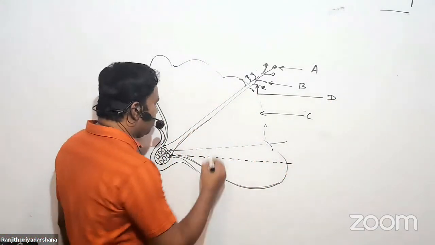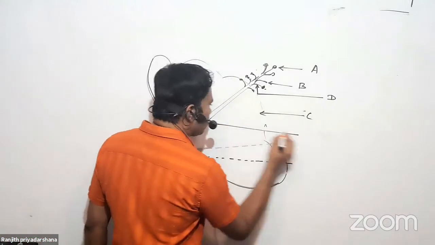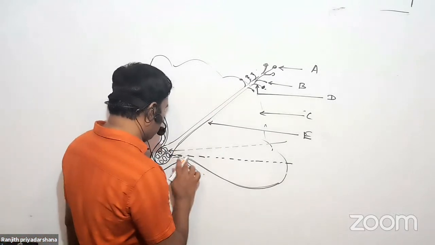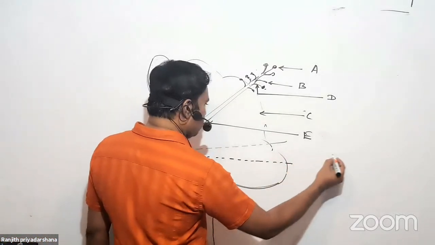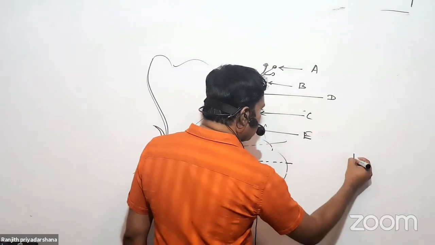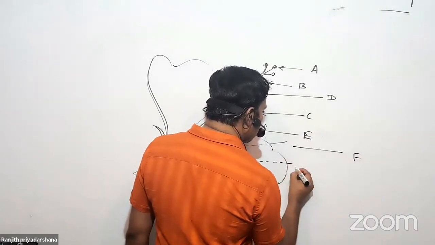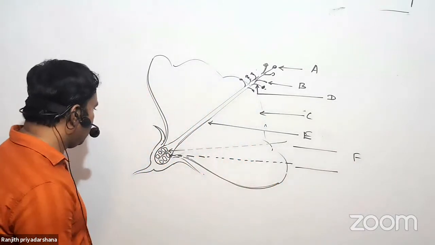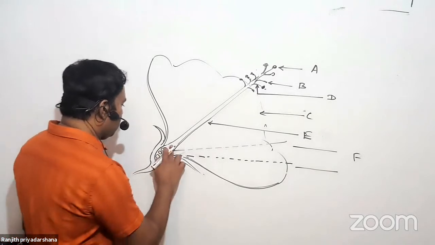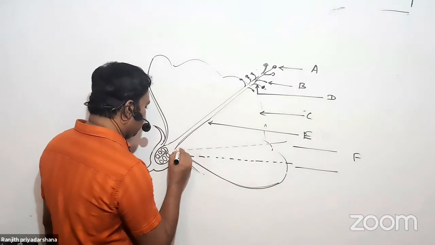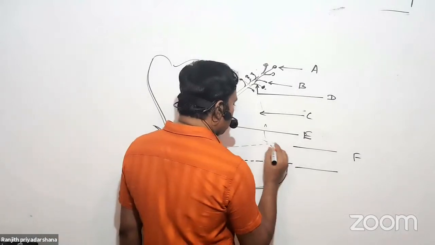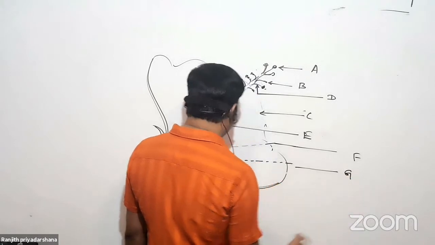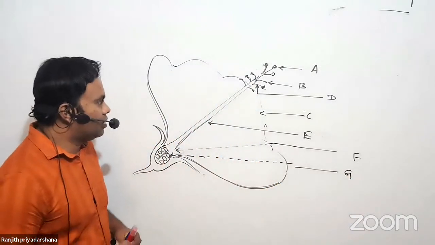Yes, E is for. So what's the F? F is here's something, and there's something here. Actually, F is this one. And let's put G also for my question.